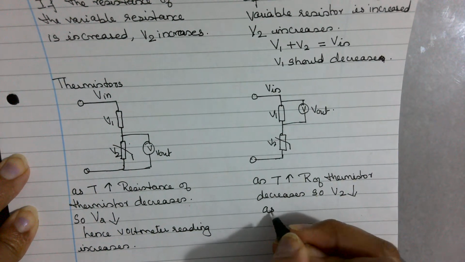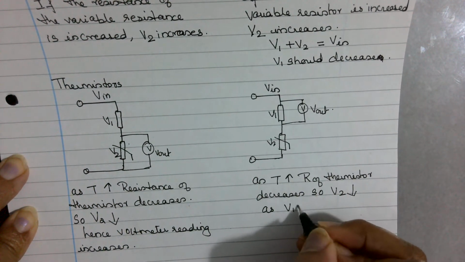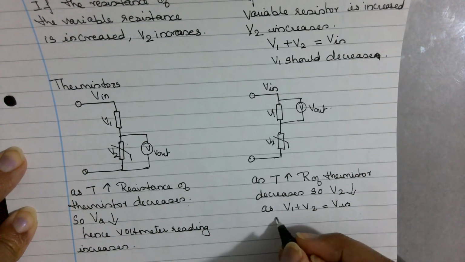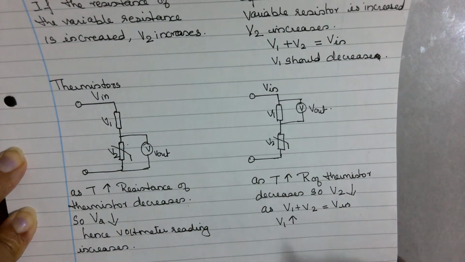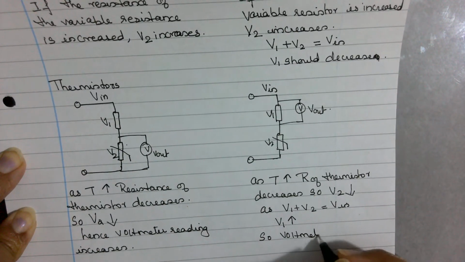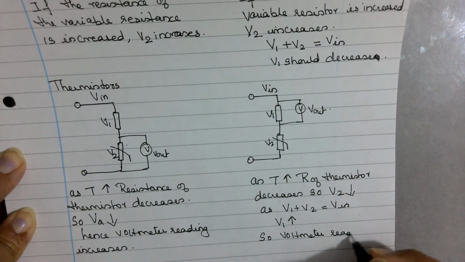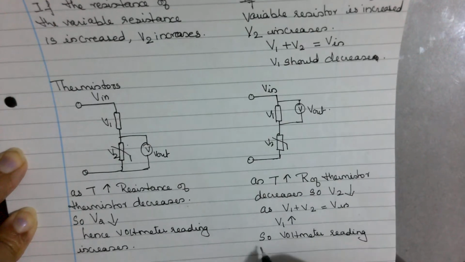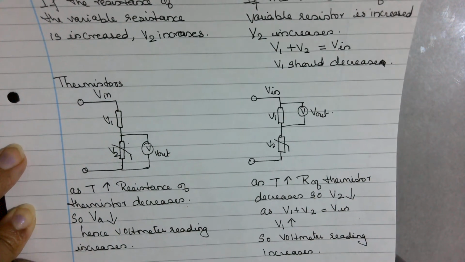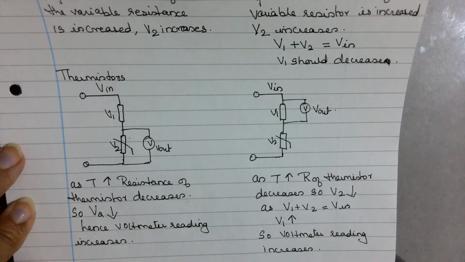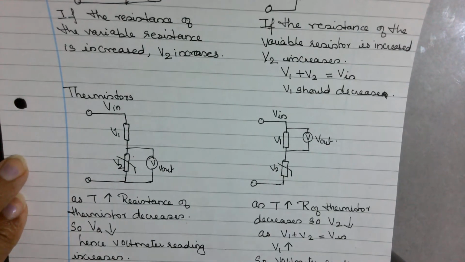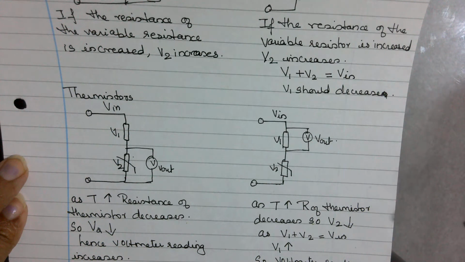Again, as we wrote for the variable resistor, as V1 plus V2 is equal to V in, V1 will increase. So voltmeter reading increases. So when you get an exam question, please be careful where they are connecting the voltmeter.